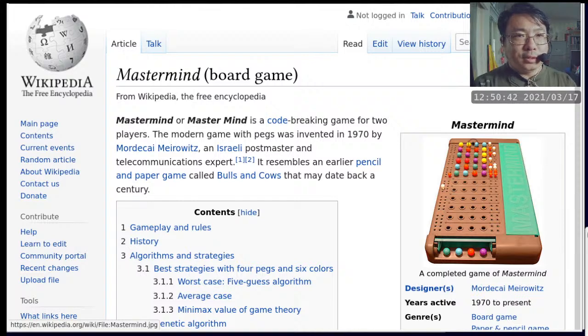So the other person has to make a guess, okay? And then depending on how it matches, the person who is hiding the pattern would score a particular guess. If there is something that matches both the color and also the position, it will receive either a black or a red peg as a score, depending on the variant of the game.